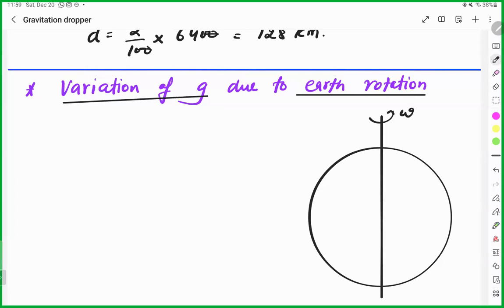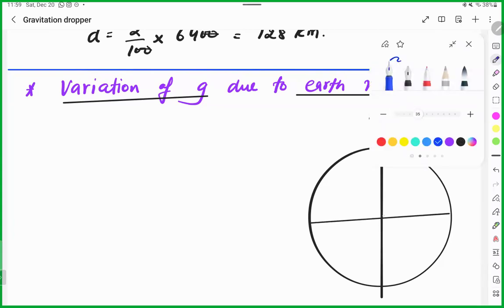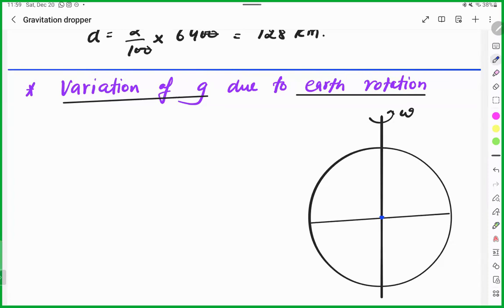If it is rotating, at any point, for example this one, this is the center. If you calculate at this point, it is making some angle with the equator. Remember, omega is the angular speed of rotation. At this point, the outward force will be mv square by r, the centrifugal force.